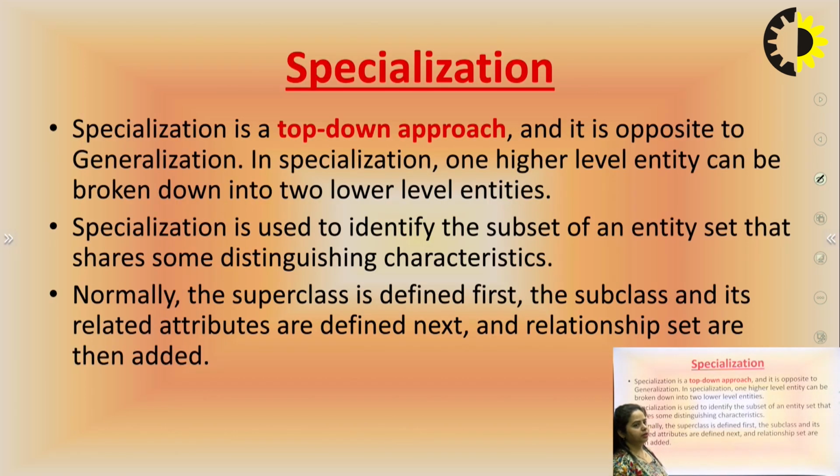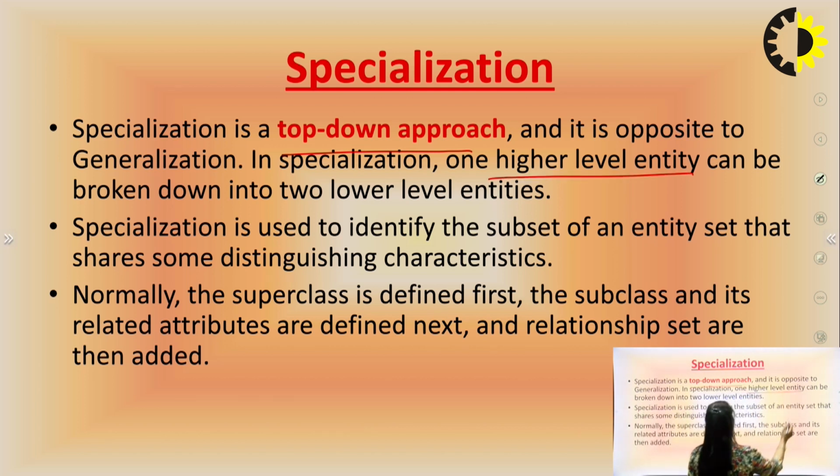Next is specialization. Specialization is just the opposite of generalization. In generalization, we follow the bottom-up approach. In specialization, we use the top-down approach. In specialization, one higher level entity can be broken down into two or more lower level entities.